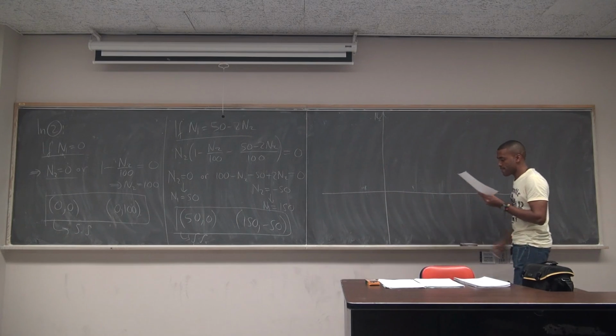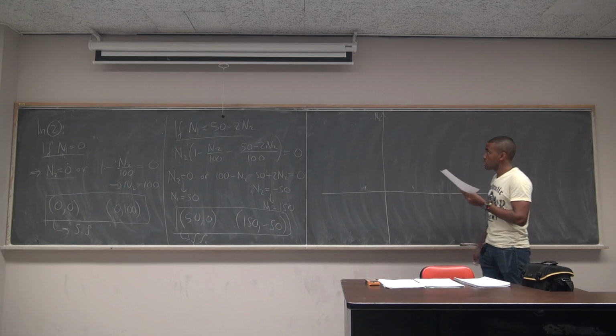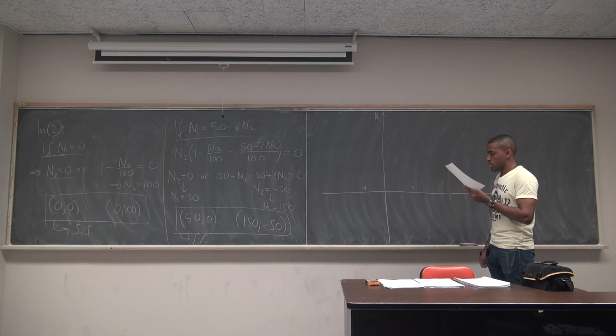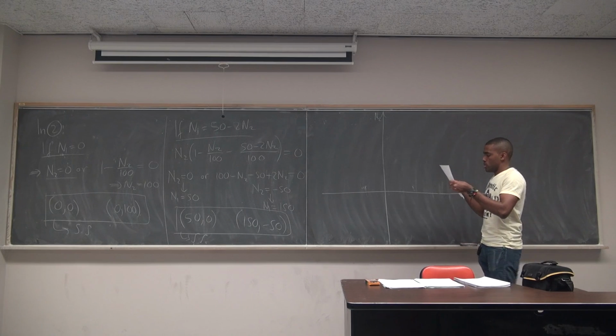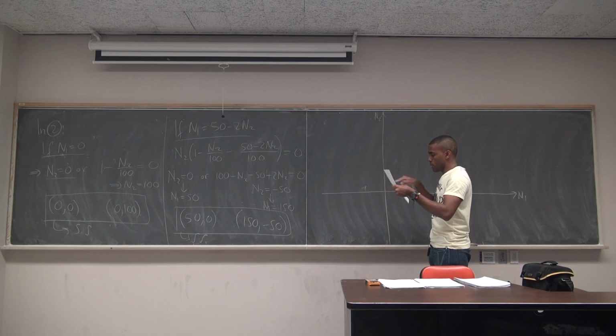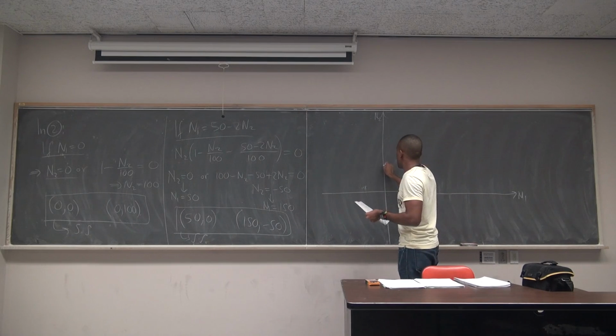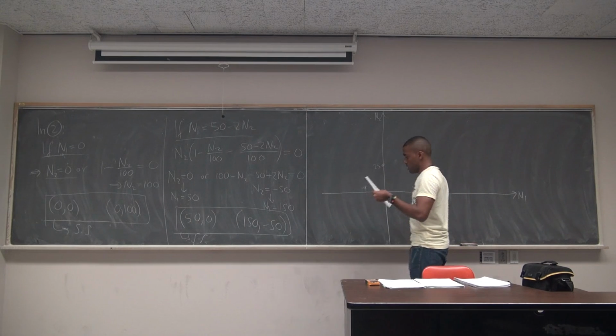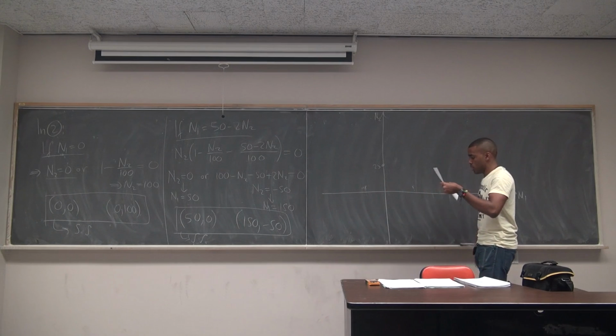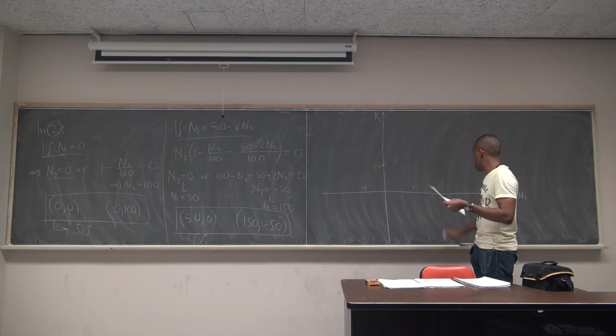The N1 null line: we set the inside equal to 0, so the first line is at 0, 25, and then at 50, 0. So in the first equation, if your N1 was 0, your N2 would be 25, and if your N2 is 0, your N1 is 50.